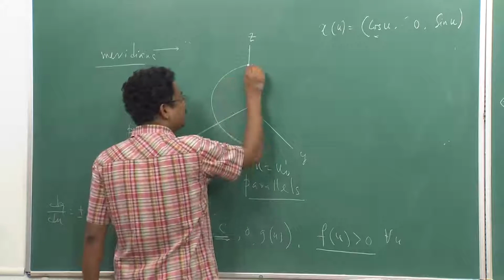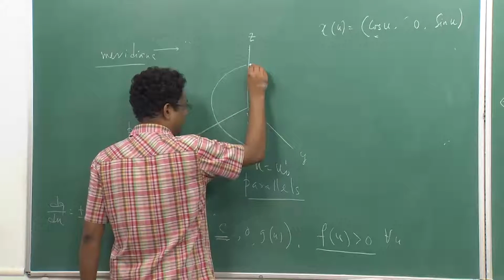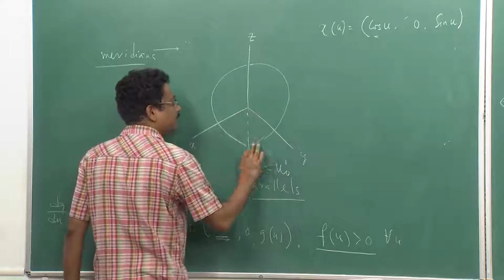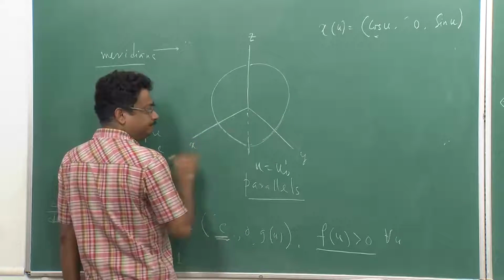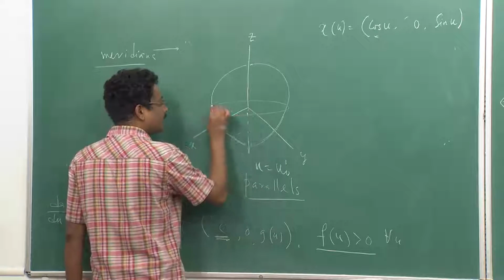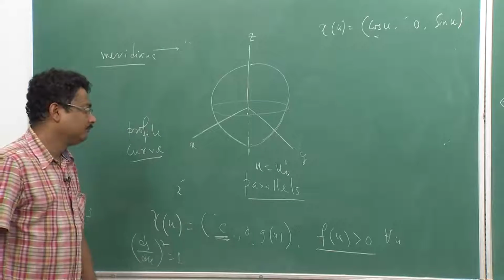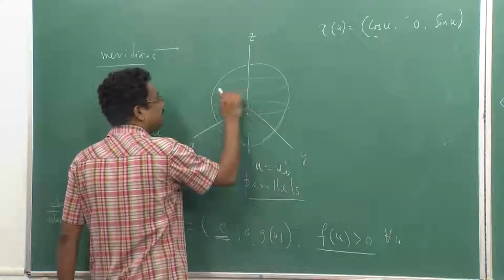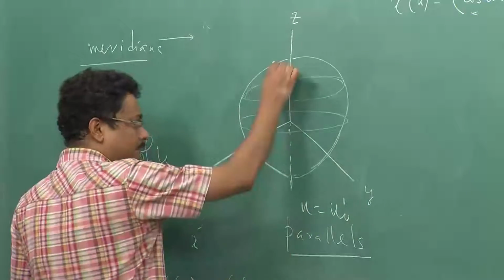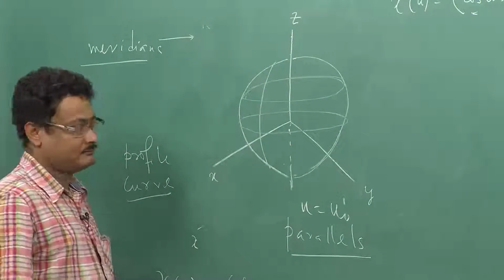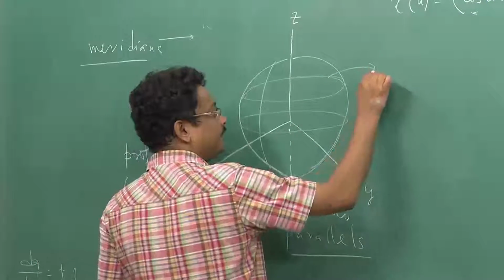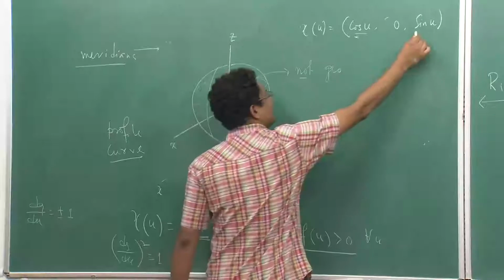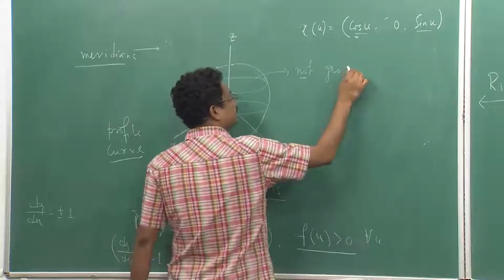I will still get the sphere, maybe with a hole from the north pole to the south pole. So, I will get the globe. The parallels are like this, but they are not geodesics, but meridians are geodesics. These are not geodesics, because f(u) is not constant and g(u) is not a straight line.